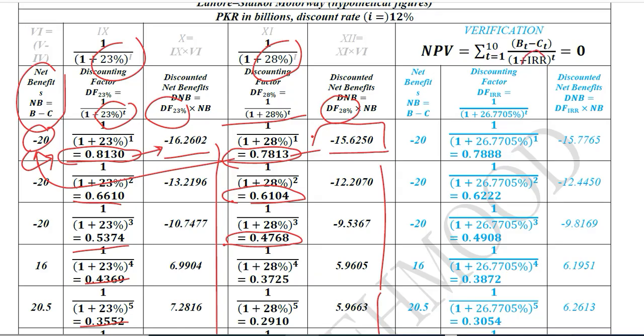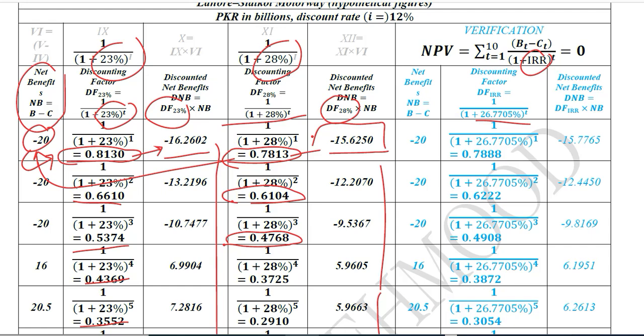We have written IRR here. So for verification, I'm going to use IRR instead of discount rate. Definitely IRR is also a discount rate, but a certain discount rate. And in this example, the IRR was 26.7705% as we just calculated.